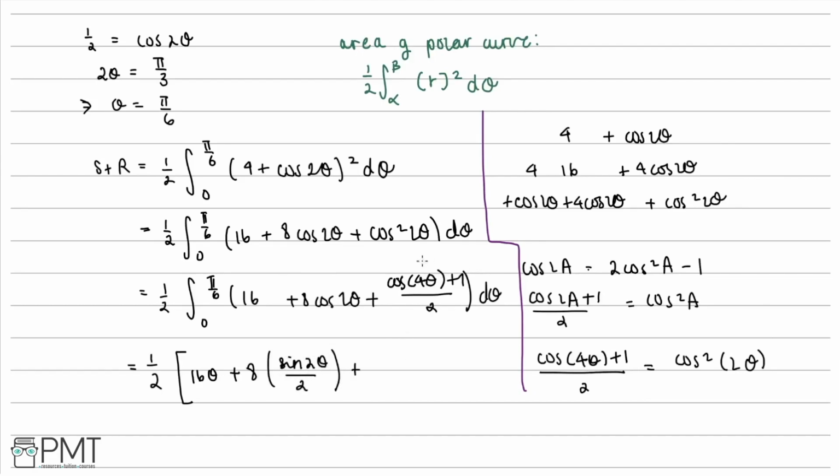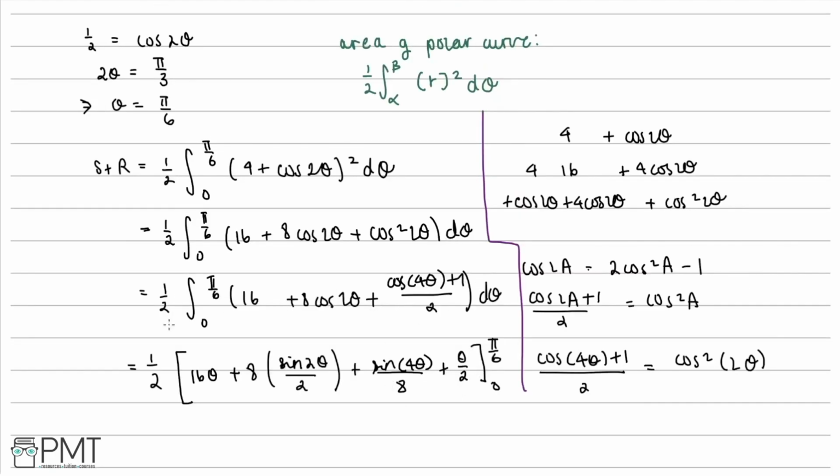The integral of cos 4 theta will be sine 4 theta all over 4, and thus that divided by 2 will just be sine 4 theta all over 8. The integral of a half will be a half theta. And this is between pi over 6 and 0.